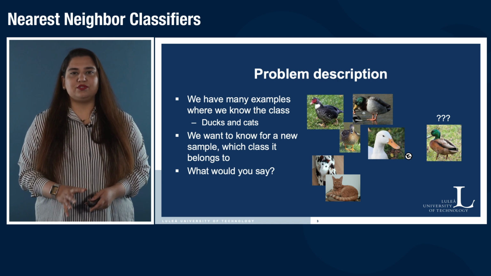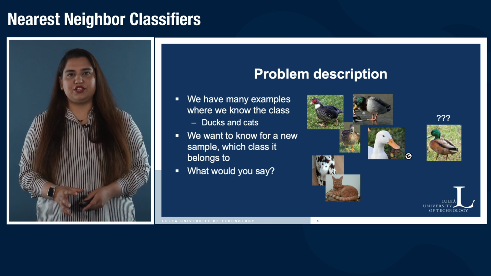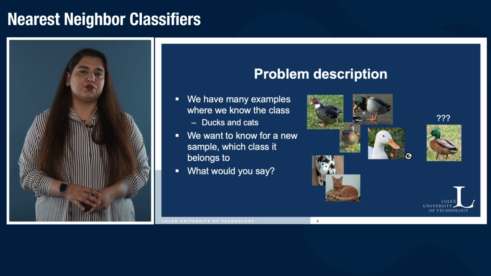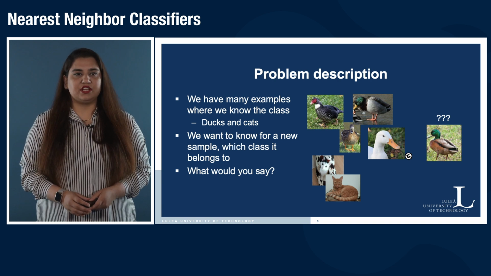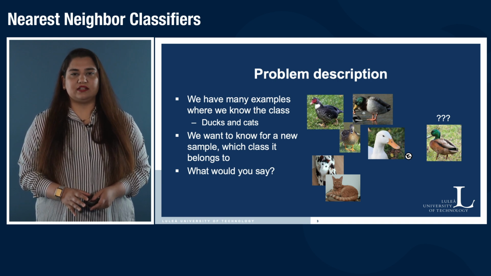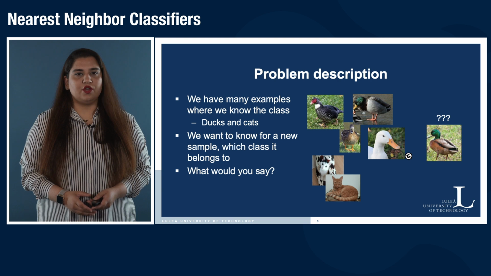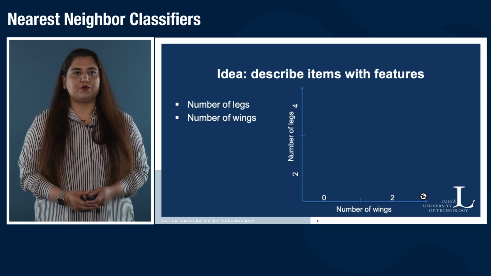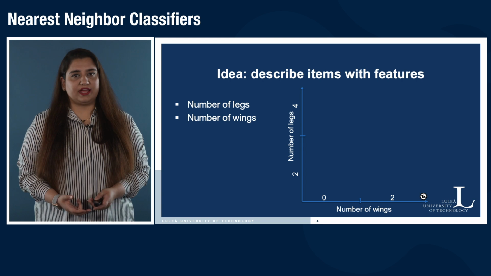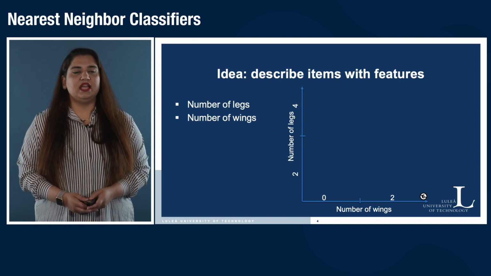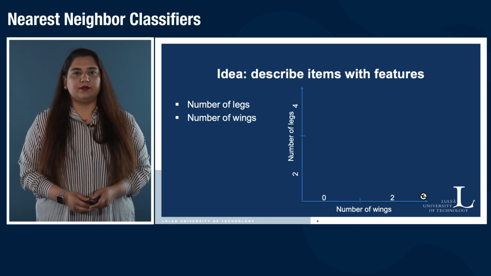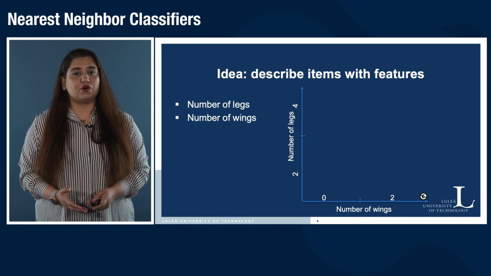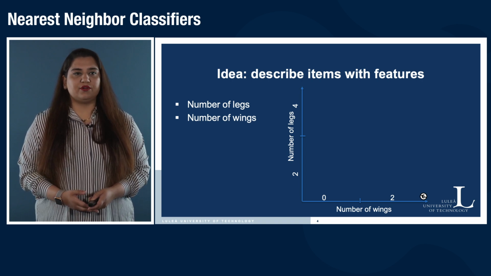Once you have a list of extracted features which contribute to identifying the image, we can easily classify the image. For example, in this scenario, if we take two types of features, number of legs and number of wings, and we try to differentiate every single image in terms of these two features or attributes, let's see how it happens.